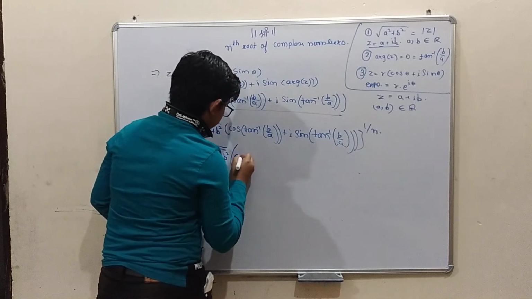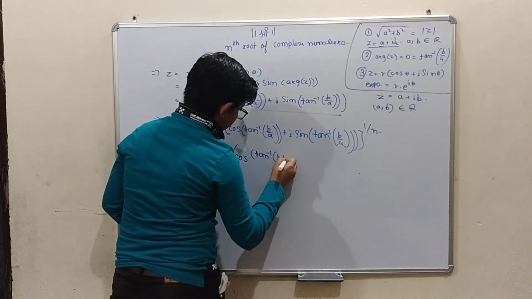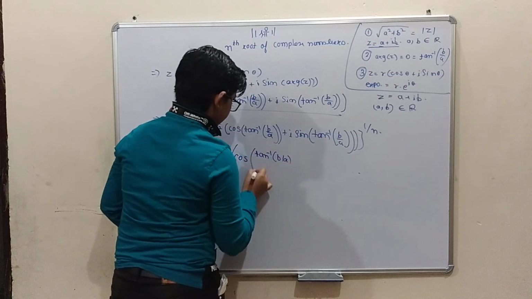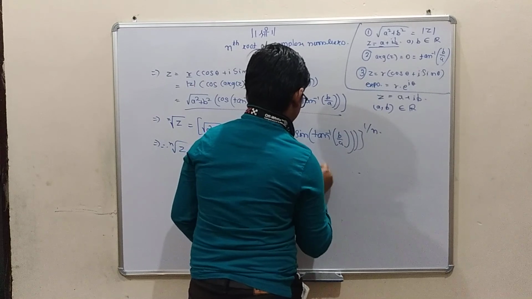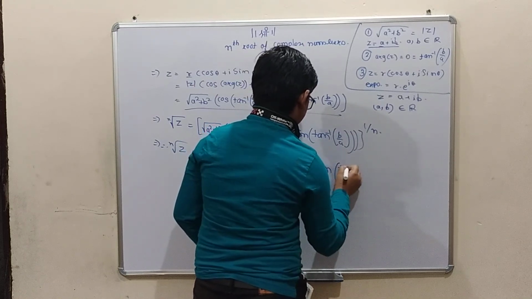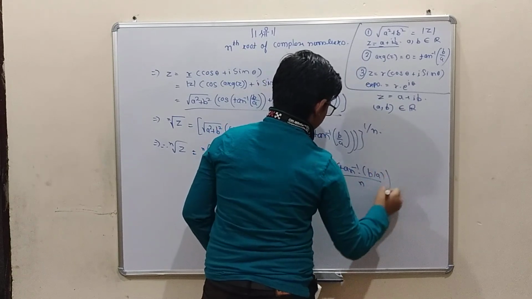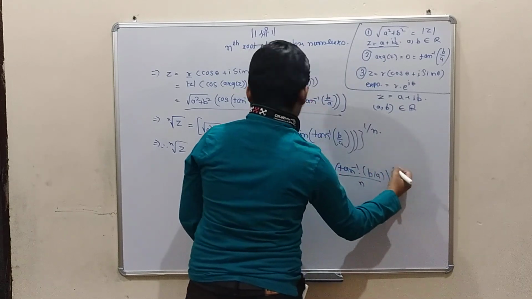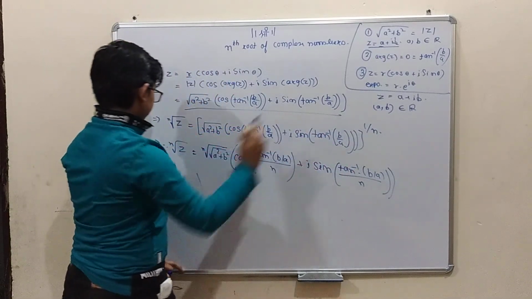So it can be written as cos of (tan inverse b by a)/n plus i sin of (tan inverse b upon a)/n. This is the simplification of this formula.